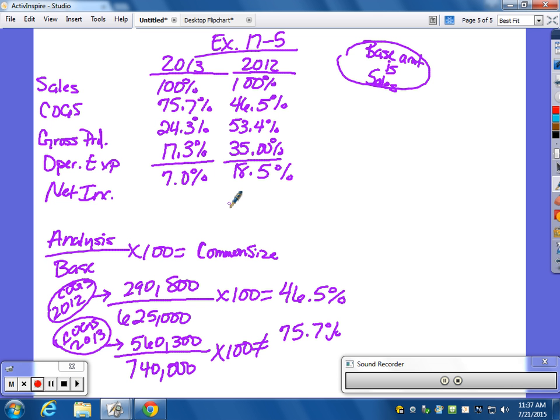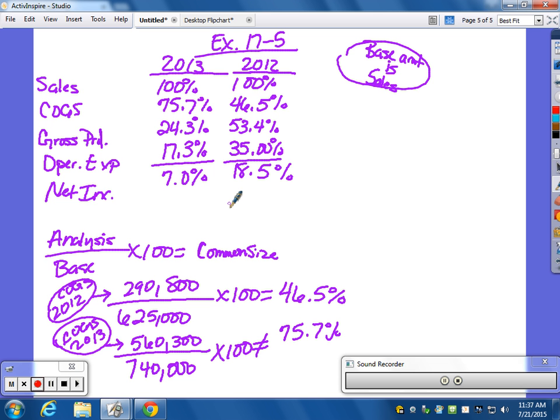In order for us to find common size percents, we take our analysis amount and divide that by our base amount. Remember, if it's a balance sheet, what should your base be? Total assets.